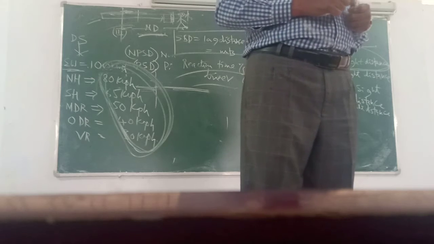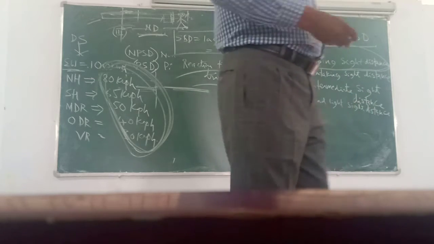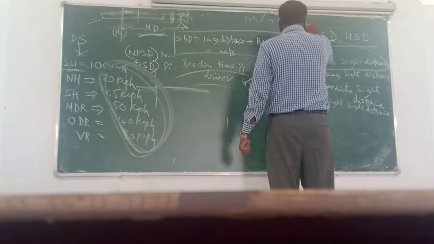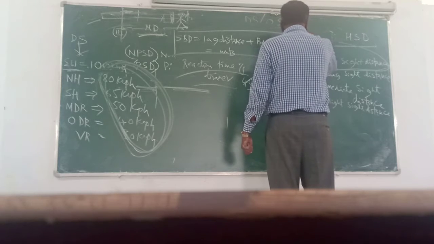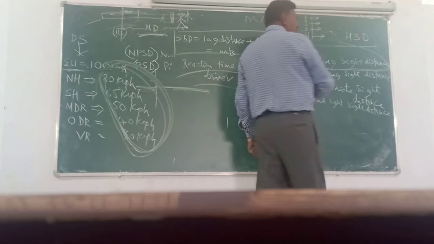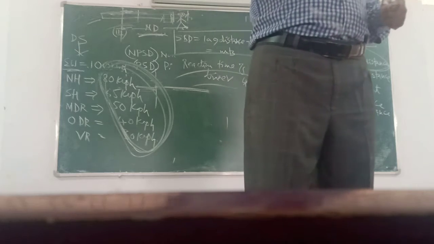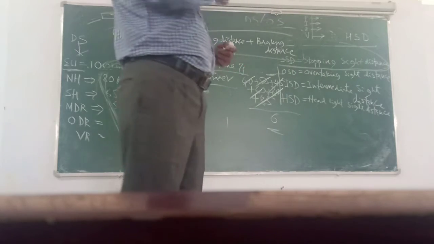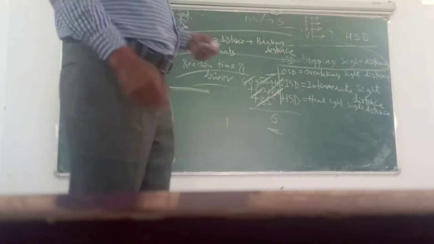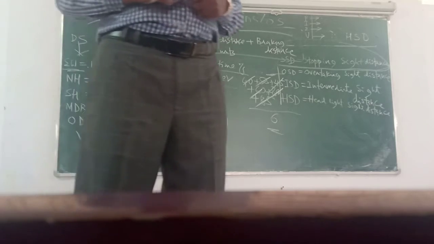Don't worry about that. There is a theory called PIEV theory. Can anybody tell me what PIEV is? P stands for perception, I stands for intellection, E stands for emotion, and V stands for volition. Shall I write it? I'll write it, no problem.